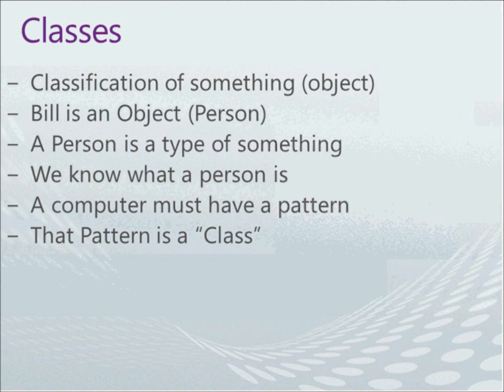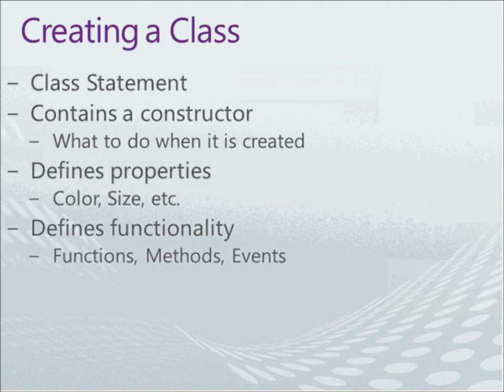And we do this in code relatively easily by simply creating a class based on the class statement. So a class statement is basically a mechanism that tells C# or any code that we're using what the definition of the object looks like, where it begins, where it ends, and whatnot.